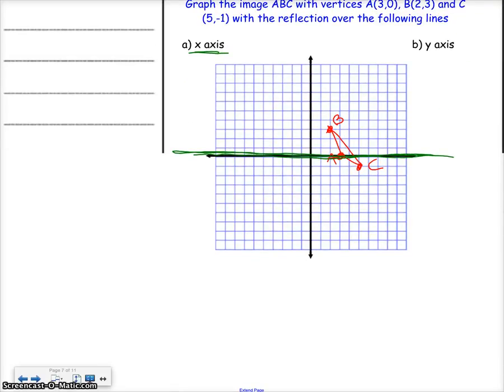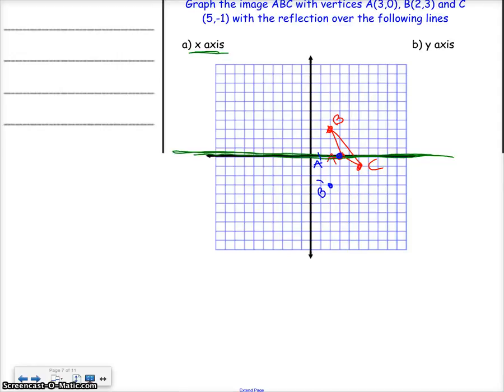So how far away is A from the x-axis? 0. So A prime shares the same spot with A. A prime is 0 away. How far away is point B from the x-axis? 1, 2, 3. So B prime is going to be 3 away in the opposite direction. 1, 2, 3.